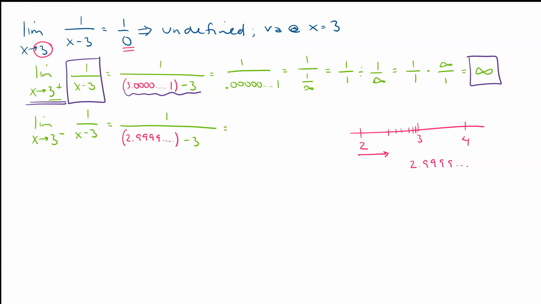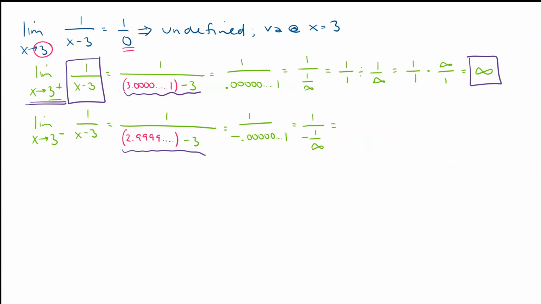and then I do that math, I get 1/(2.9999999 minus 3), which is going to give me a really, really small negative number, like negative 0.0000001, which is -1/infinity. So now doing the math, I get 1/1 divided by negative 1/infinity.